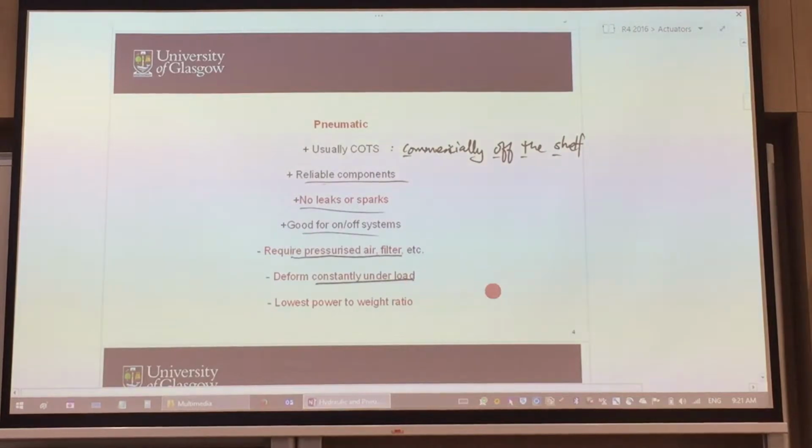That means if I use a pneumatic system, hook it to a load, and add more load, you can see that the pneumatic system starts to deform. The air in there will get more compressed.